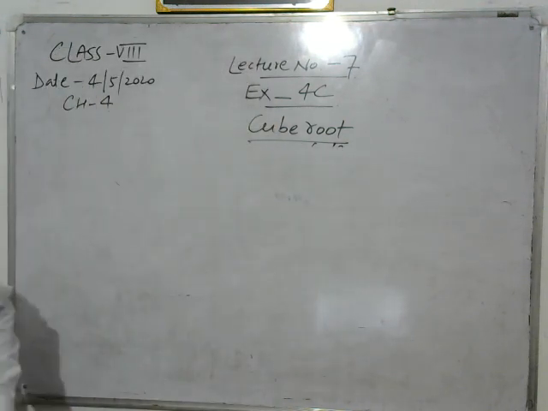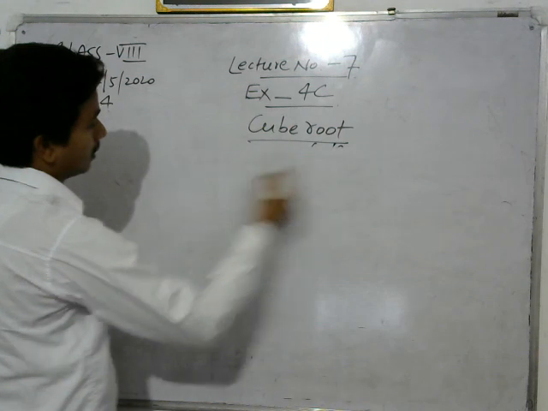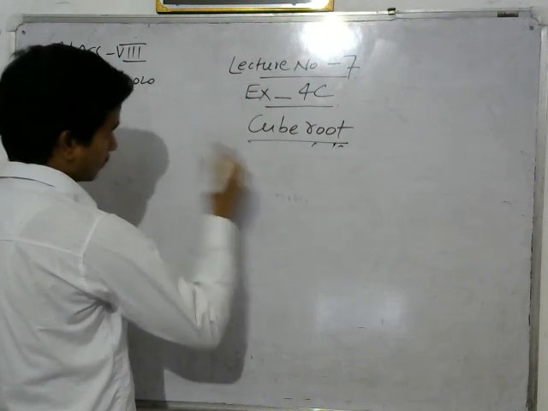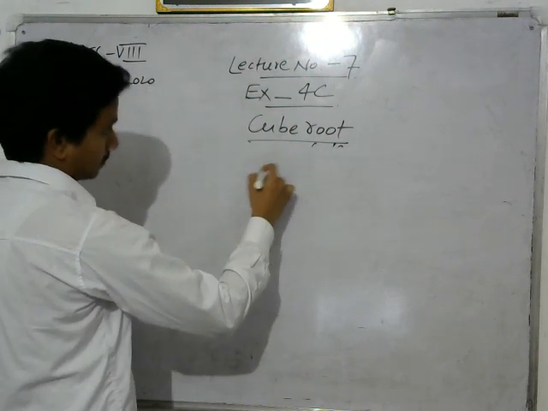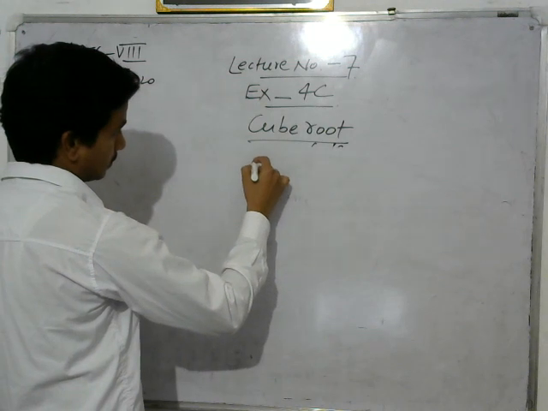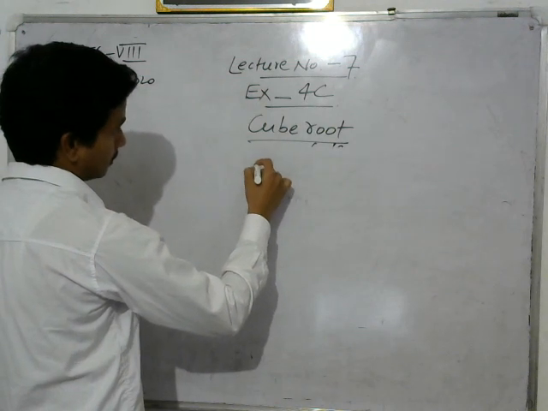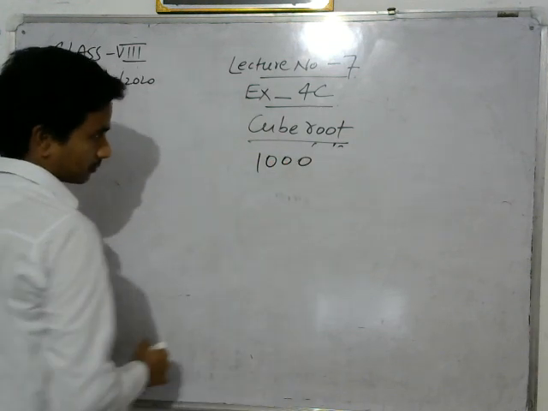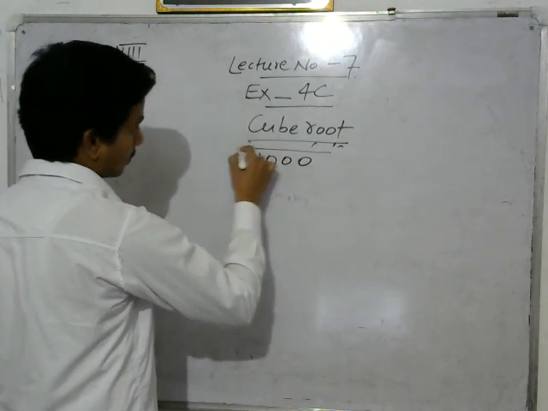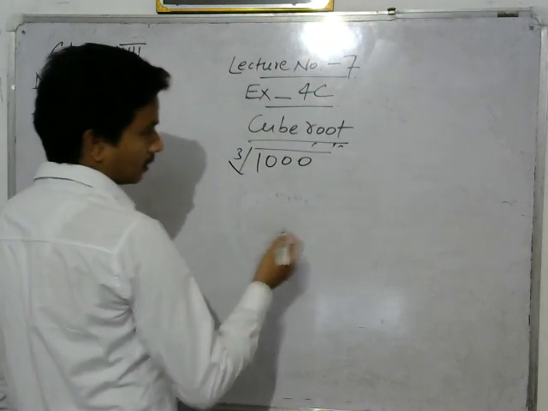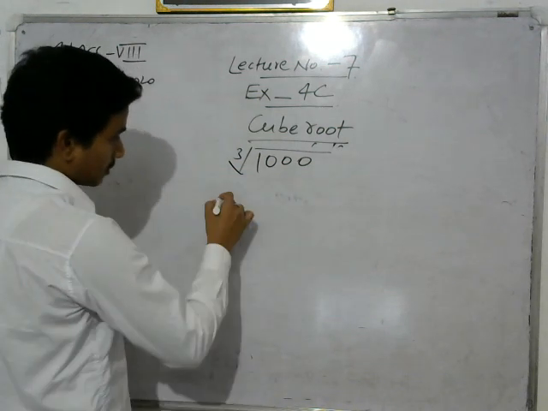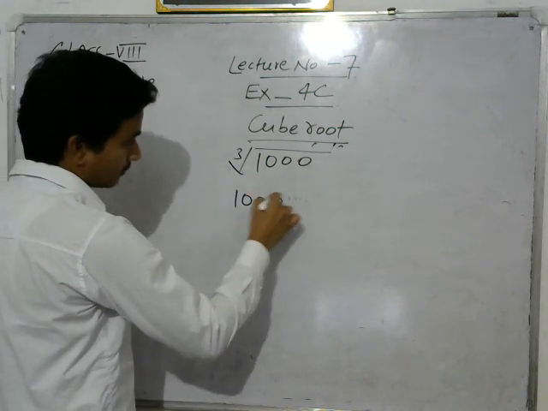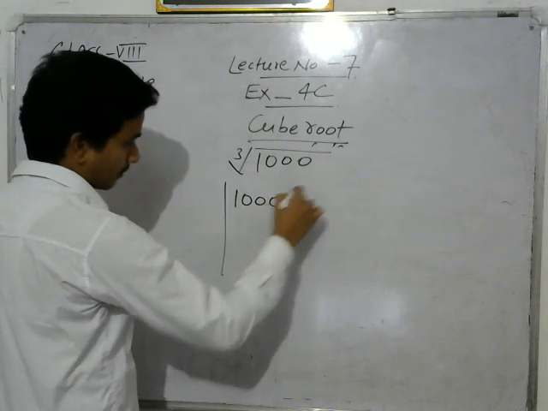Now we will learn how to find the cube root of a given number. First of all, suppose we want to find the cube root of 1000. How will we find this? We have a method. First of all, find the prime factorization of 1000.